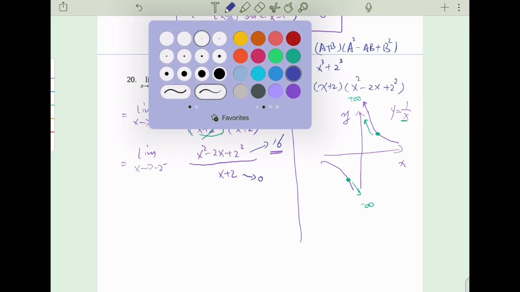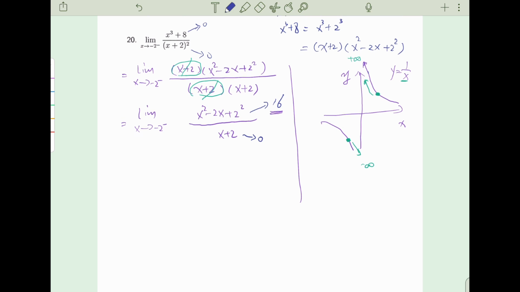So now we draw the number line here to help us. This is x plus 2, so we need the number negative 2 here. And the limit sign here tells us that x is approaching negative 2 from the left side. So this point is x here.